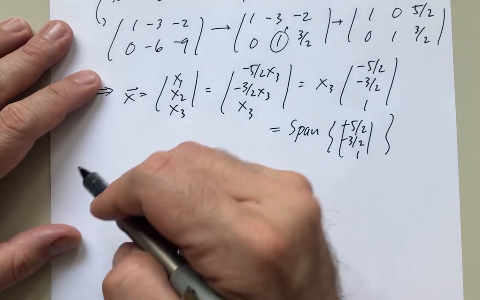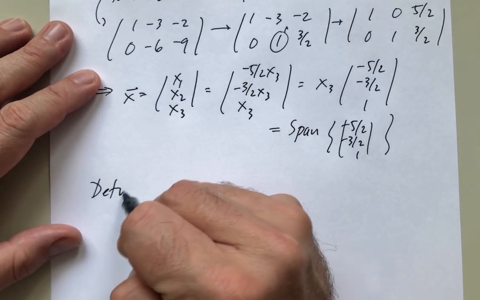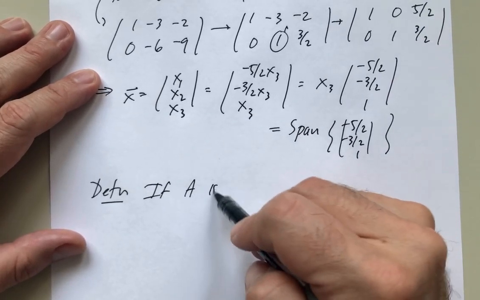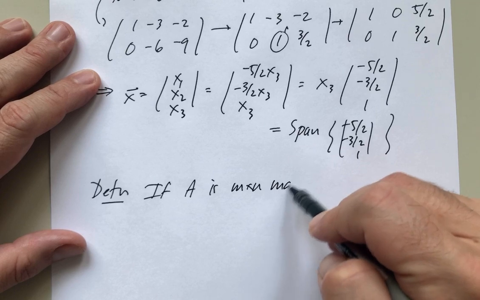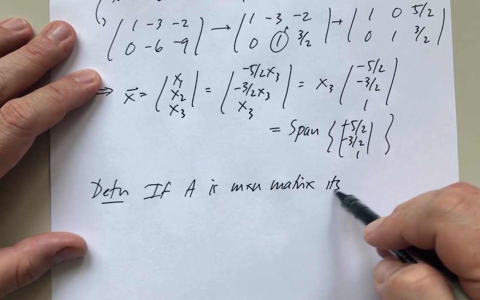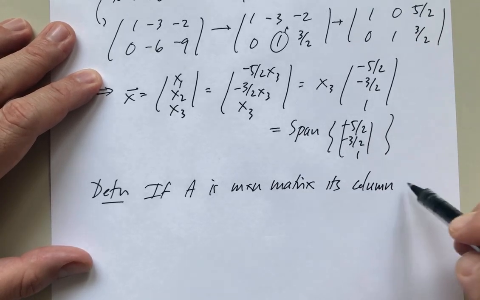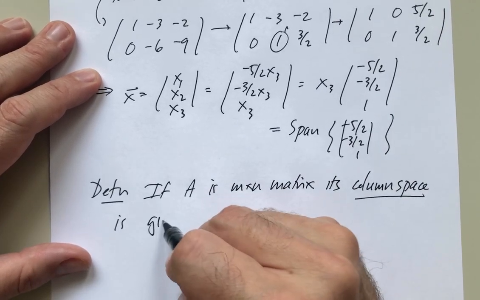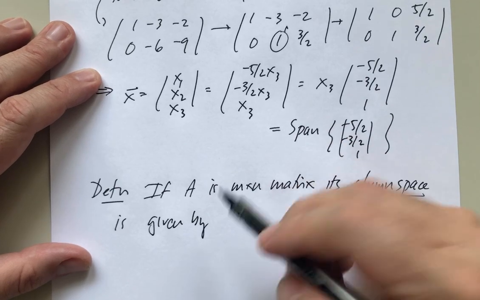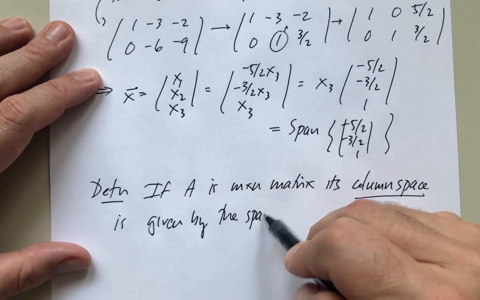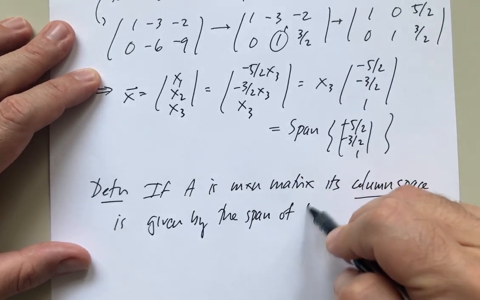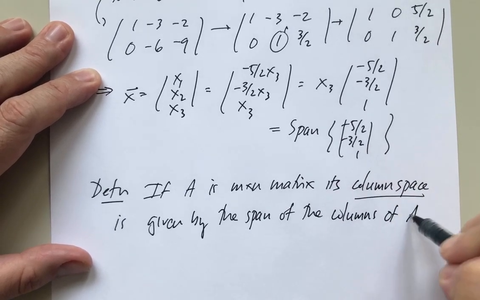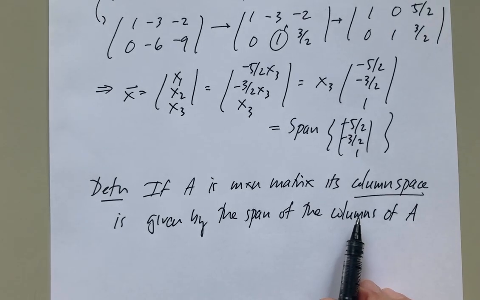Let me switch gears here and give you the other main definition of the day. Again, let me take an m by n matrix. Its column space is given by the span of its columns, the span of the columns of A. Not such an inventive name, but the column space is easy to remember.